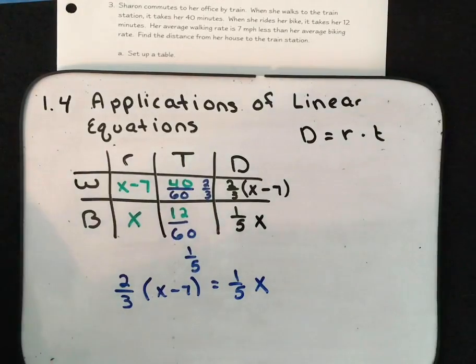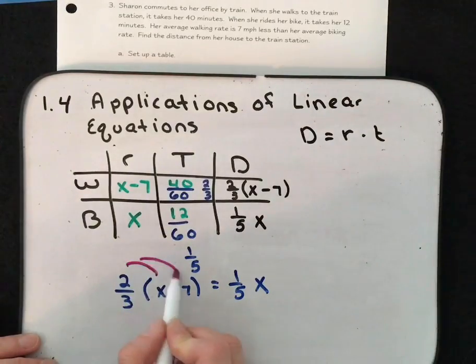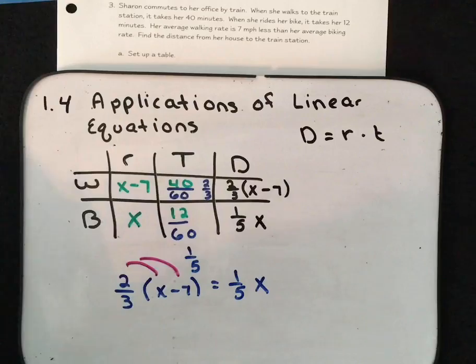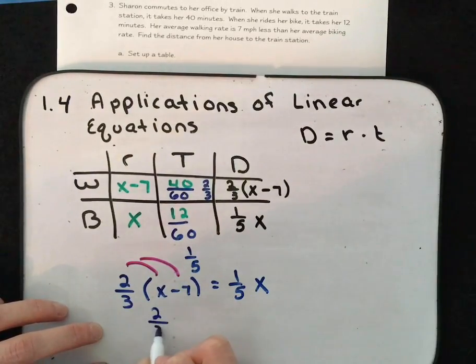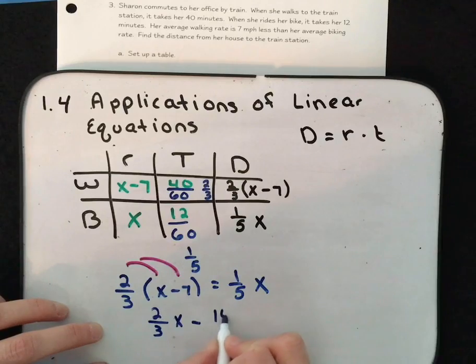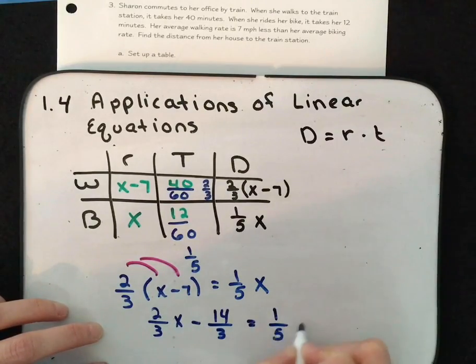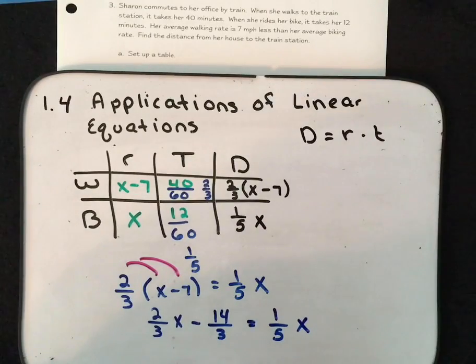So let's distribute our 2/3, see if we can simplify everything down. If we do that, we're left with 2/3 x minus 14/3 equals 1/5 x. And now we need to clean all this up.